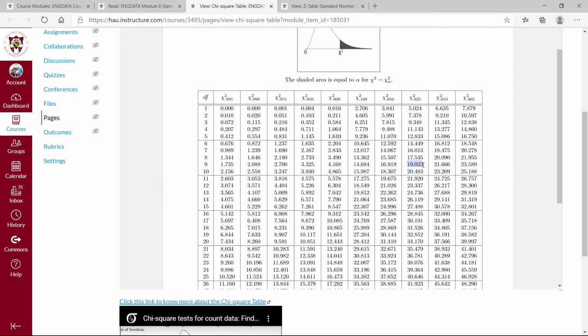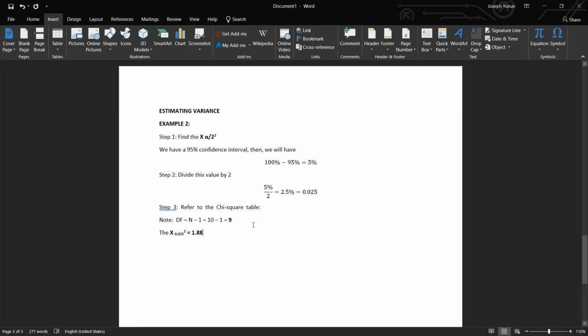Along 9 degrees of freedom, you'll have 19.023. And then the chi-square of 1 minus 0.025.